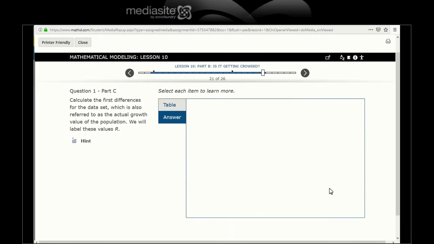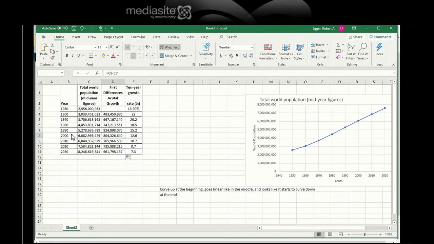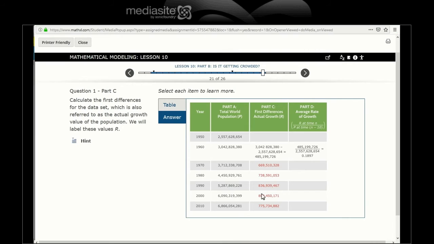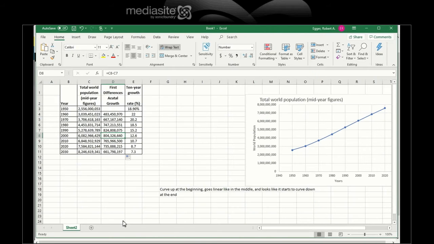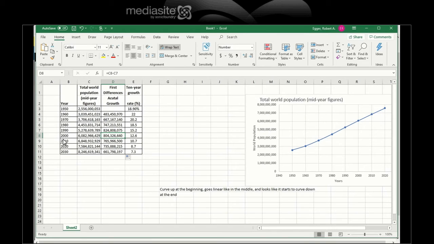So what's the answer here? So 1970, they're saying about 669. My Excel says 667 million. For 2000, it was about 802 million. 804 million, based on the numbers that we had. 2010, from 2000 was 775 million. 2010 to 2000, 765 million.